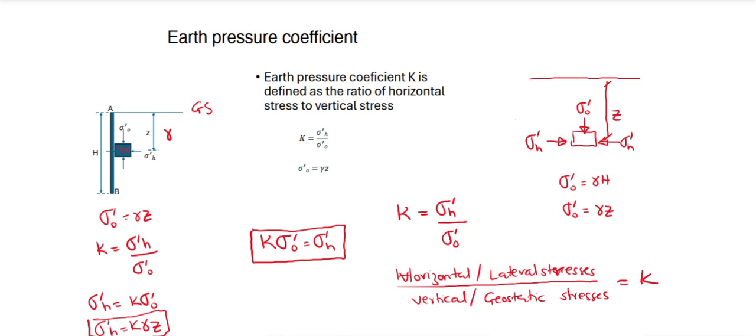If the retaining wall moves into the soil or the backfill that we are retaining, it's also going to have a certain earth pressure coefficient. If it moves away from the backfill, we are also going to have a certain earth pressure coefficient. So we are going to look at the three major types of earth pressure coefficient.